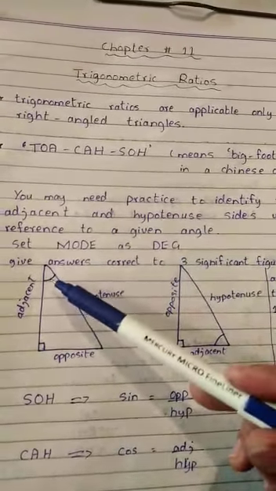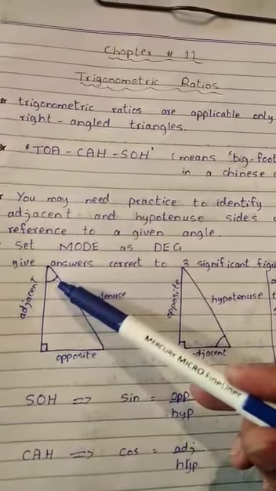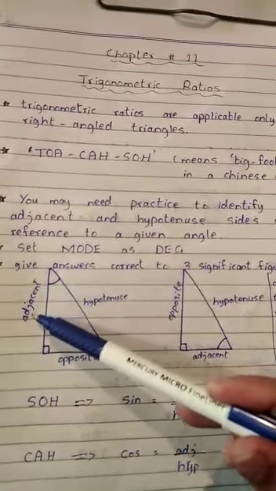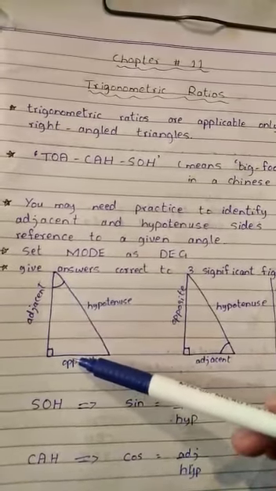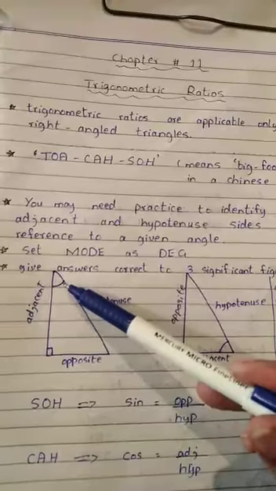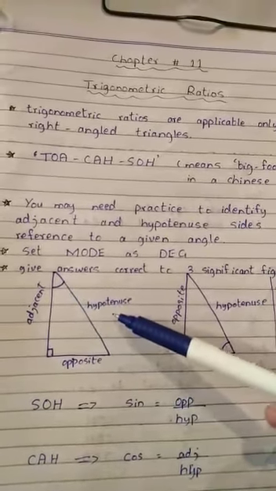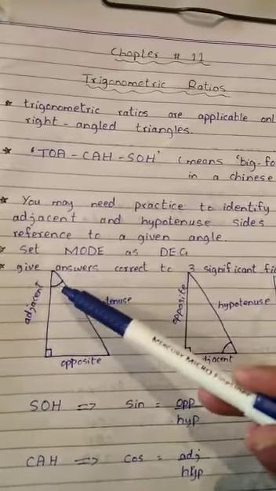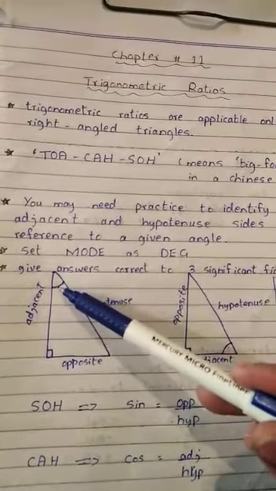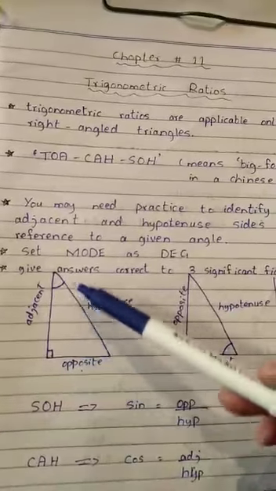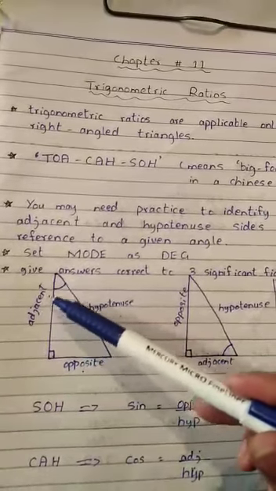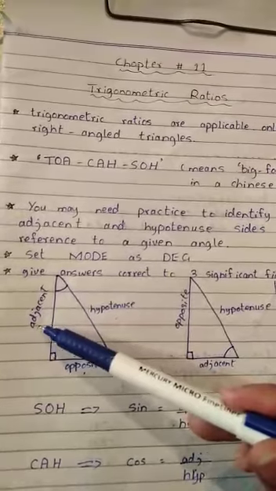Suppose the given angle is here, then this side is adjacent to the angle and this side is opposite to this angle. This is the hypotenuse, it is obvious. If this is the given angle, then this side is the opposite side and the side which is adjacent is called the adjacent side.